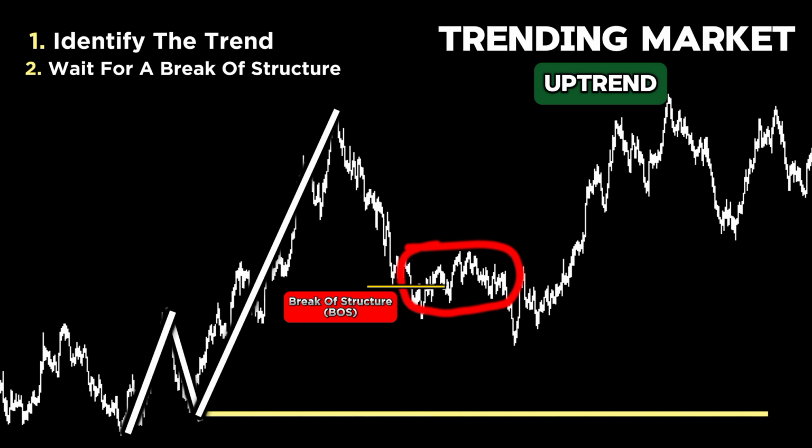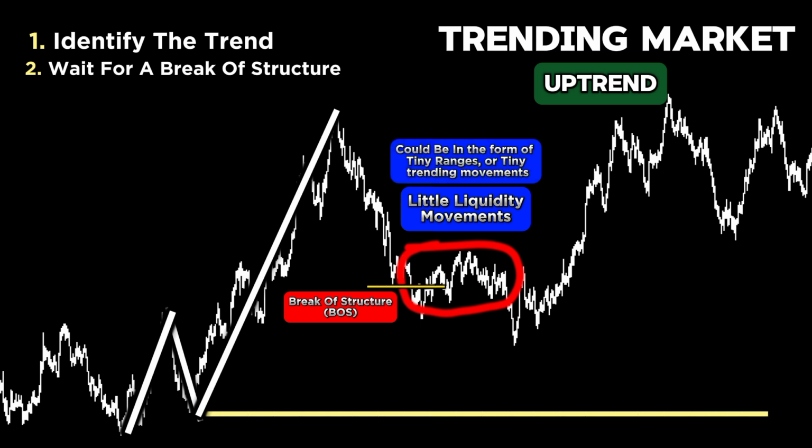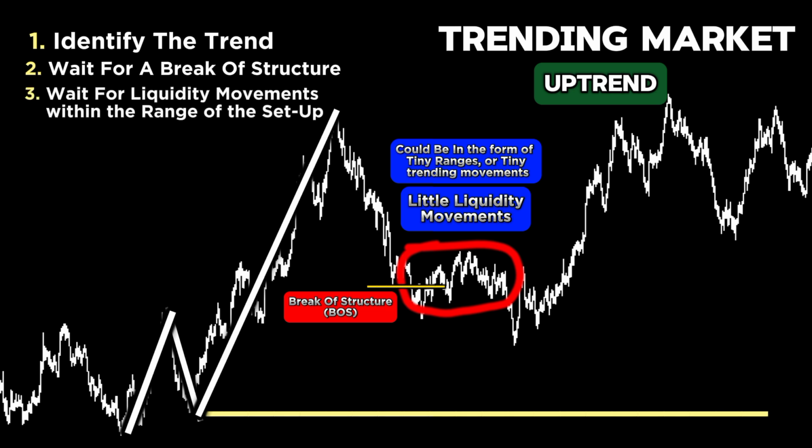So you want to see these little liquidity movements inside the range of the setup, which could be in the form of tiny ranges or tiny trending movements inside the range. These are part of the liquidity that the market will take out before moving in the right direction, and that will be step 3. So step 3 is for you to wait for liquidity movements within the range of the setup.